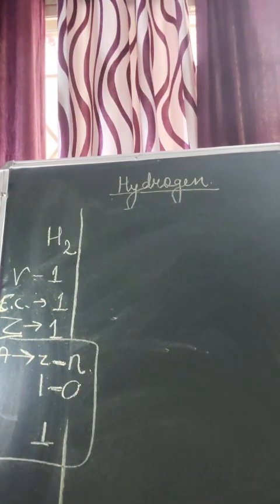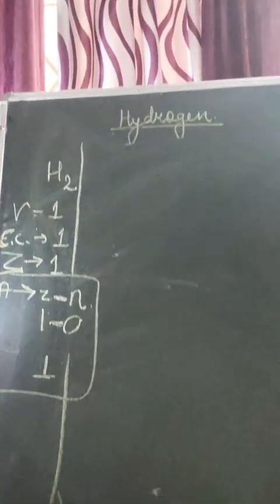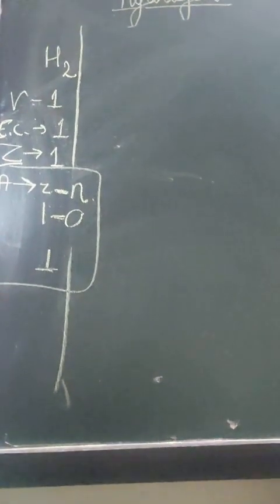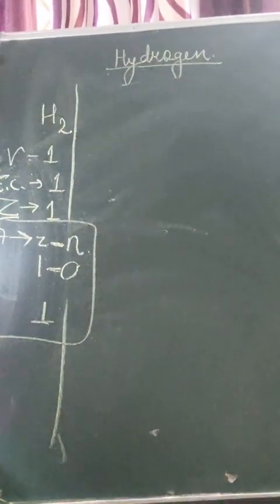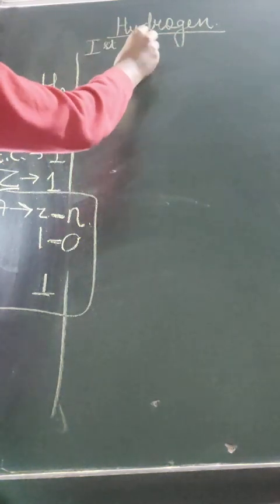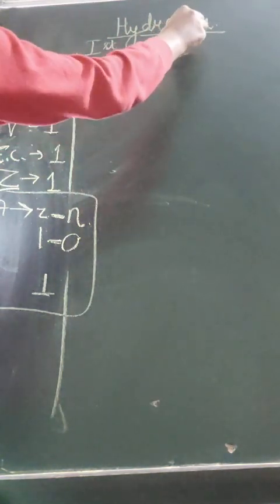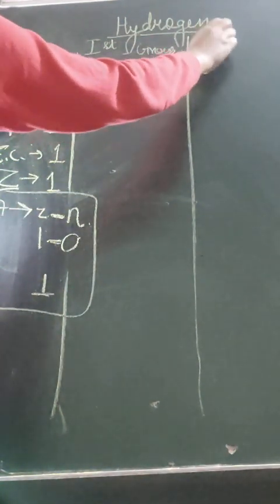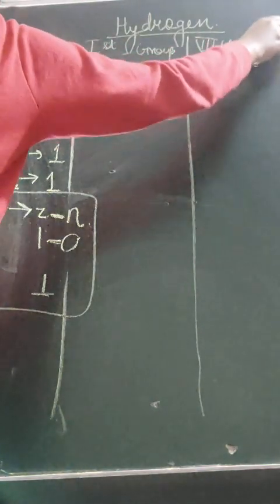Now we'll see how this hydrogen is similar to the alkali metals, meaning the first group elements, or the seventh group elements. Let us see. Here we will make the first group, and here we see the second group.